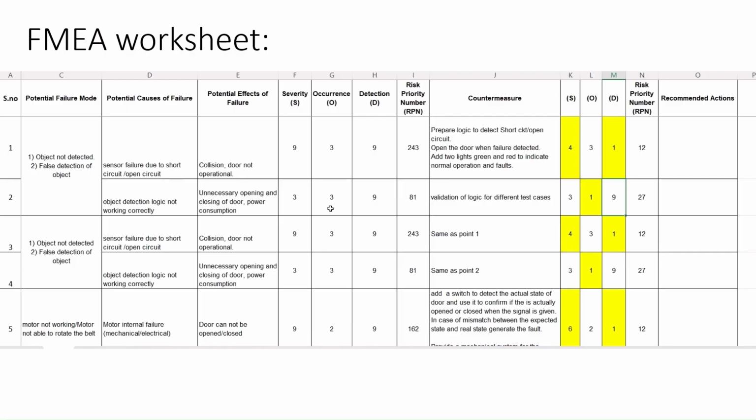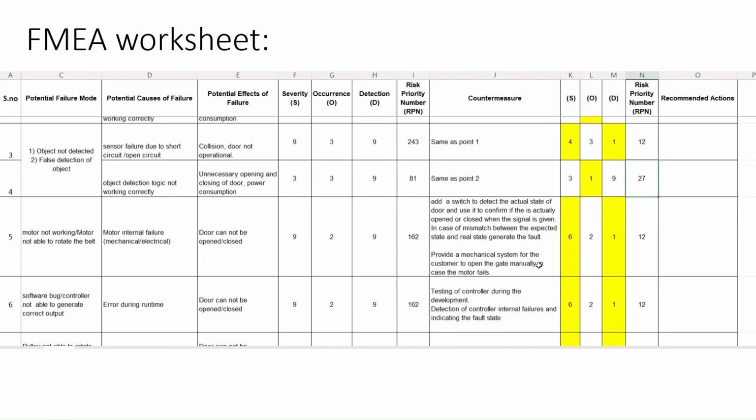But since we have reduced the occurrence, the RPN has reduced significantly. Now, for the next two failure modes, the countermeasure remains the same as the first two implementations, as the fault and root cause are the same. So the SOD for these will also get reduced and the RPN is reduced.